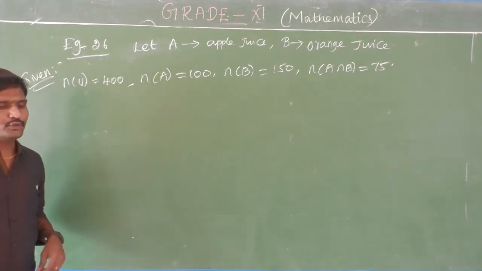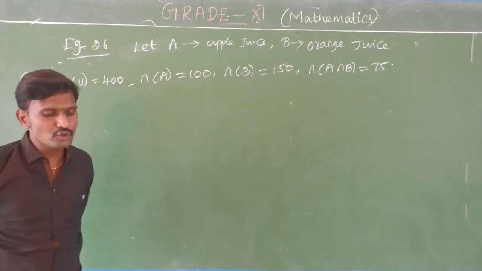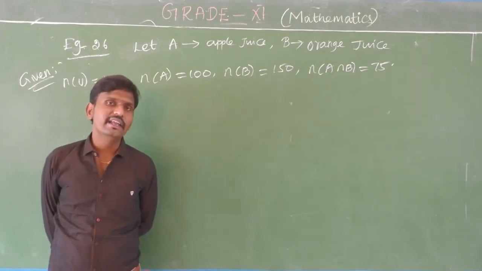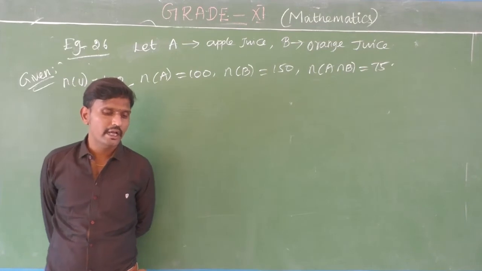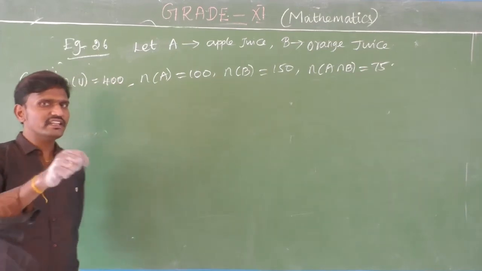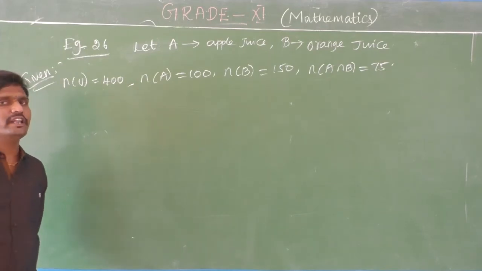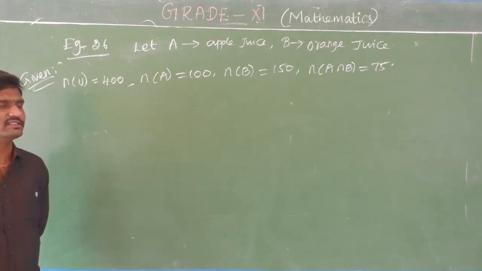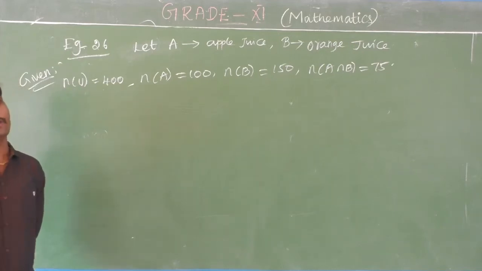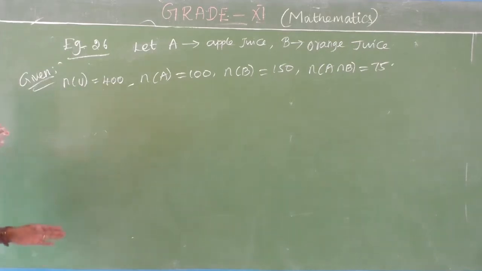Now what we are going to find: how many students were taking neither apple nor orange juice. For that type of sum, 'nor', 'neither', we studied these in probability in your 10th standard, so you just have to recall that. Neither means not either.